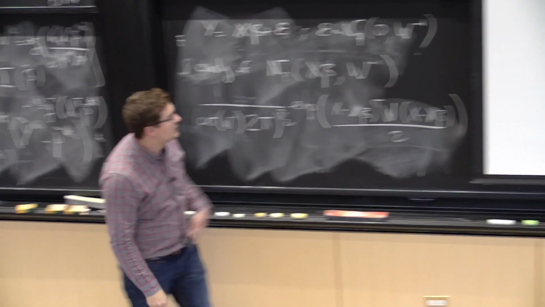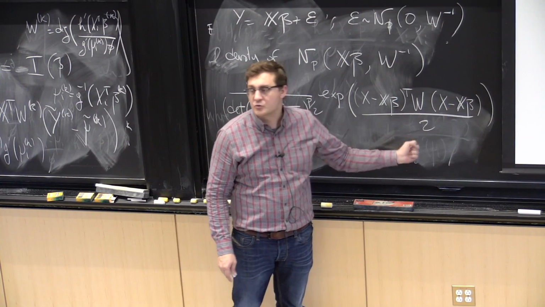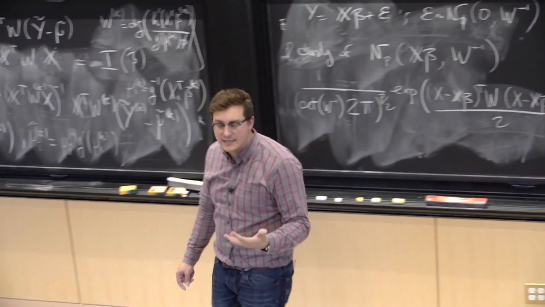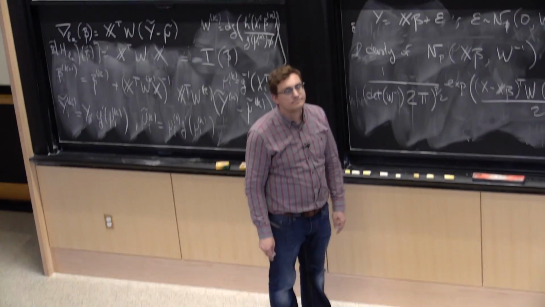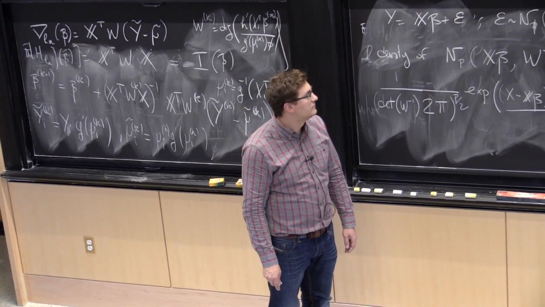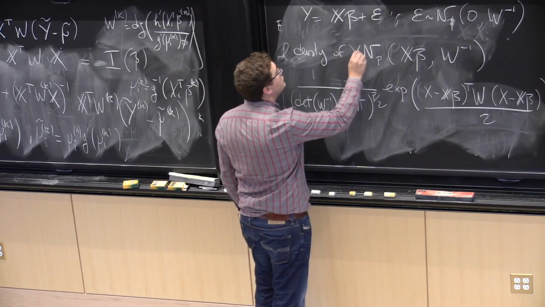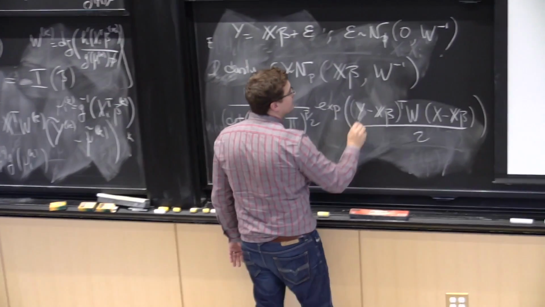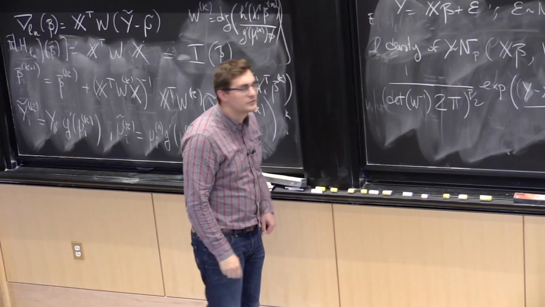So this is x minus mu transpose sigma inverse x minus mu divided by 2. Is it x minus x beta or y minus? Well, if you want this to be y, then this is y. Sure, maybe it's less confusing.